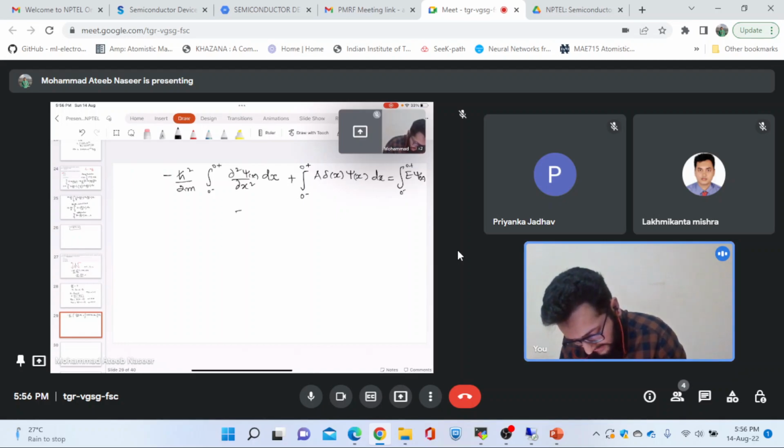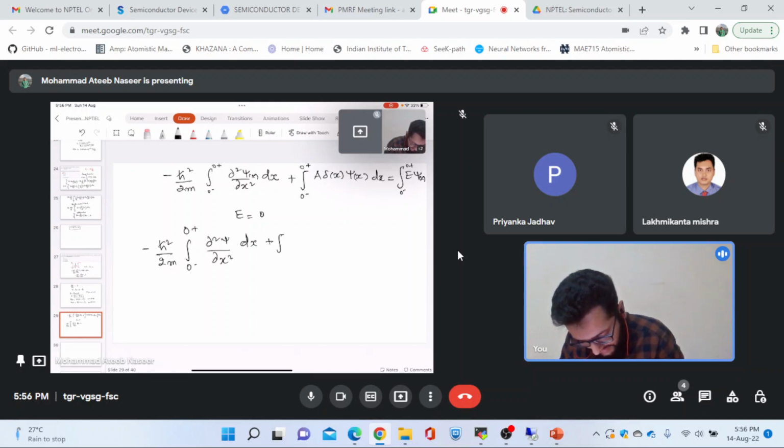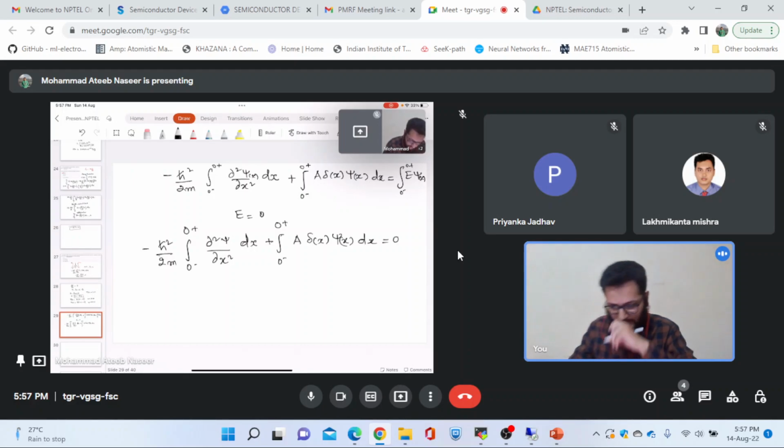But we know this E has to vanish, E is equal to 0, so we are simply left with minus h bar square by 2m, the integral from 0 minus to 0 plus of d square psi by dx square dx, plus the integral from 0 minus to 0 plus of a times delta of x psi of x dx, equal to 0.